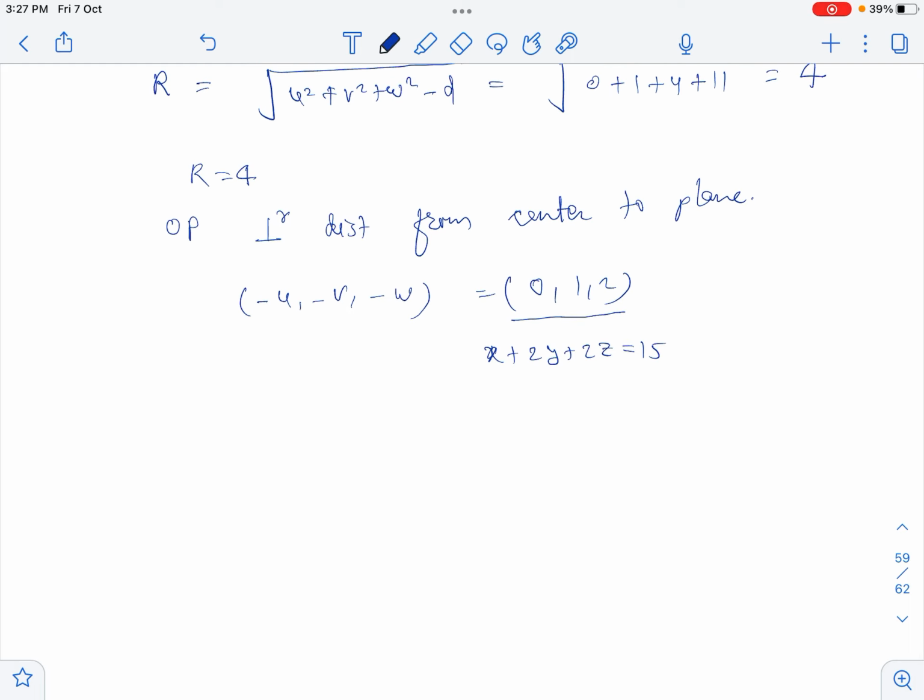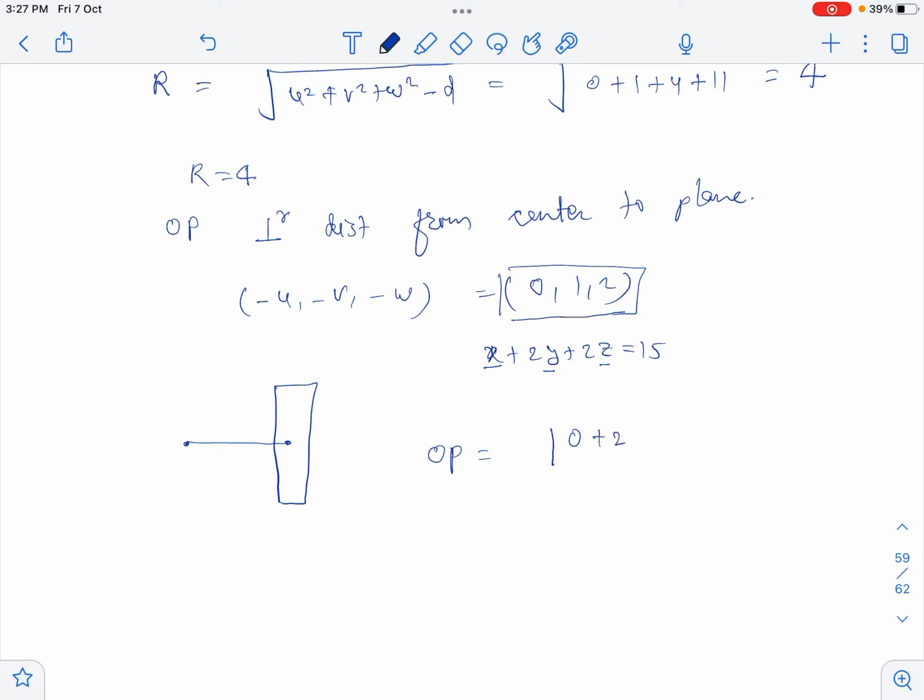So how do we find the perpendicular distance of a point from a given plane? So what we do is OP is equal to, we write in place of x, y and z this given point 0, 1, 2.